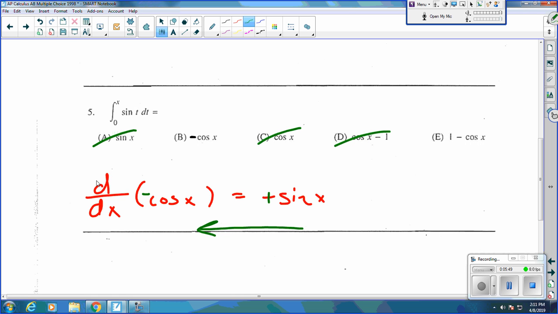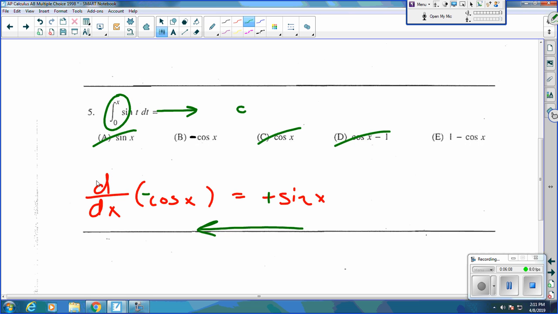Now here's the problem. The derivative of B is sine x, and the derivative of E is sine x. All right, but remember, if we're doing the integral, but this time there's limits. There's limits of integration.